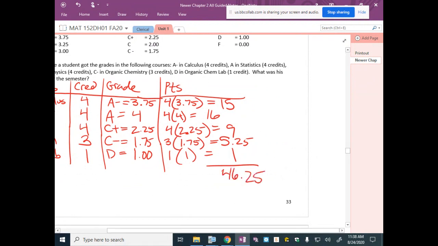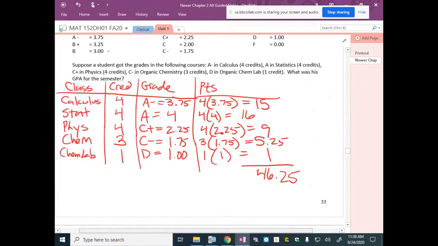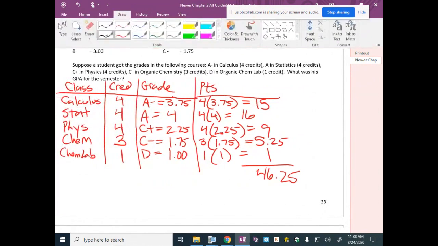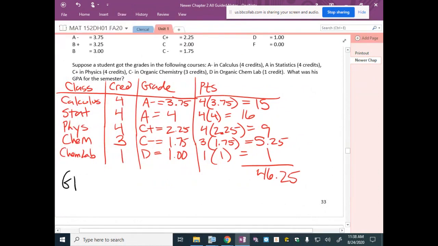Now, that is not the answer we're looking for, because what do you think we're going to have to divide by to get the GPA? Not 5, but, okay, yeah. We could have divided it by 5 if all 5 of these courses weighed equally.